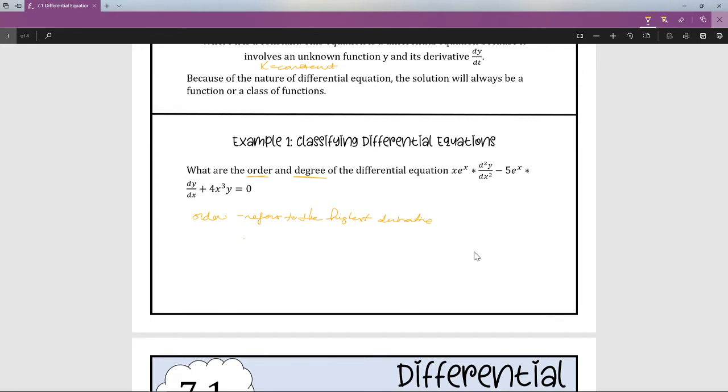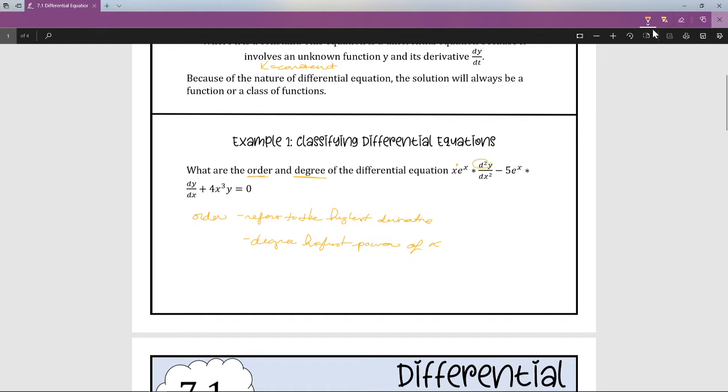And the degree is just like with any polynomial function, the highest power of x. And we're going to start with this first term, right? And so the highest degree of x here is 1, and we can see this is a second order.